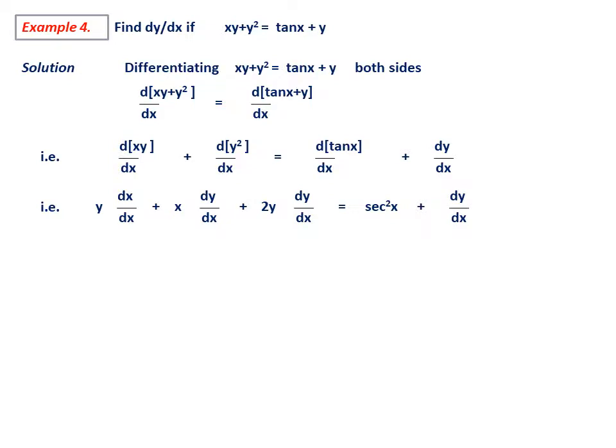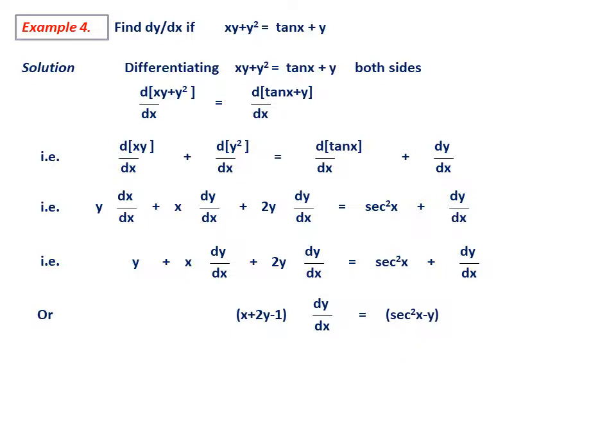Now, same thing, whatever term contains dy by dx, you have to take to the left side. That's all. Now, of course, d by dx of x is 1. Therefore, y plus x into dy by dx plus 2y into dy by dx equal to secant square x plus dy by dx. So, now separate them. So, (x plus 2y minus 1) into dy by dx will be equal to secant square x minus y.